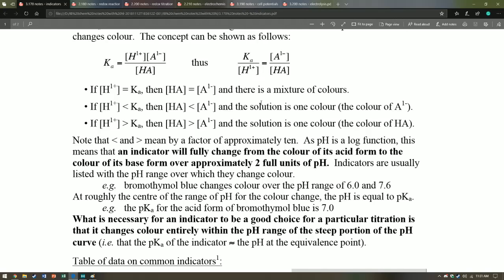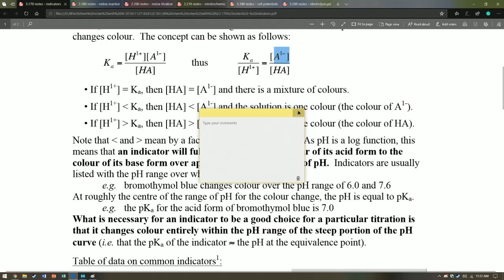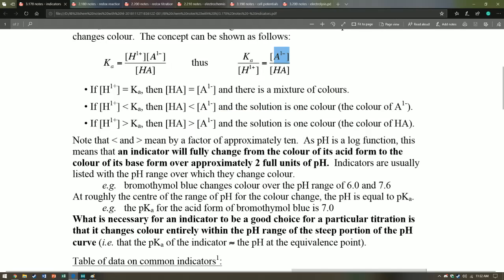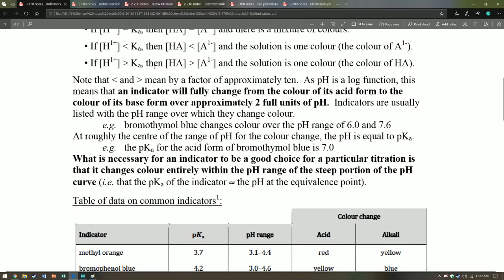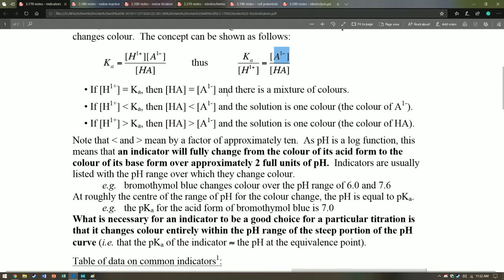Now, remember, we can use the logic of acid-base equilibrium to get there. At the equivalence point, there's all of this and none of that.